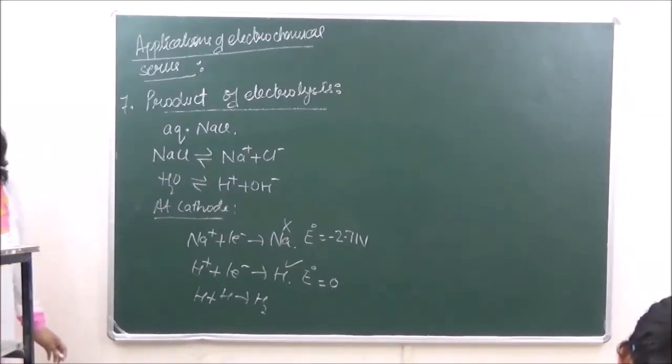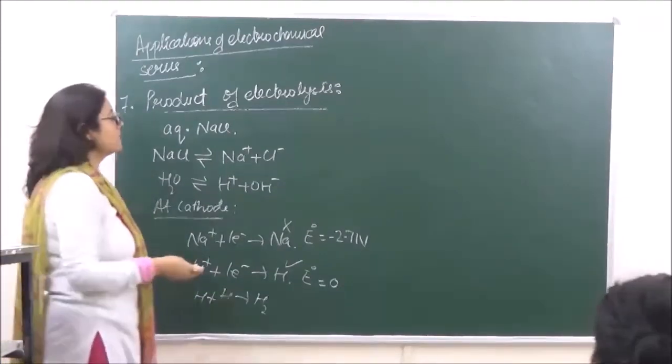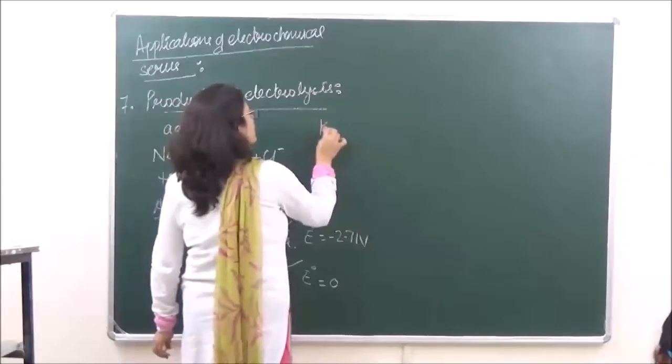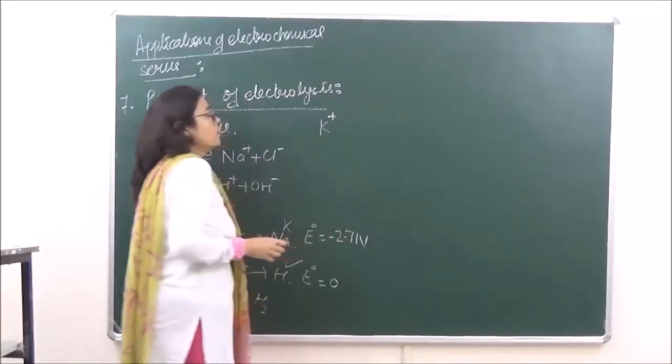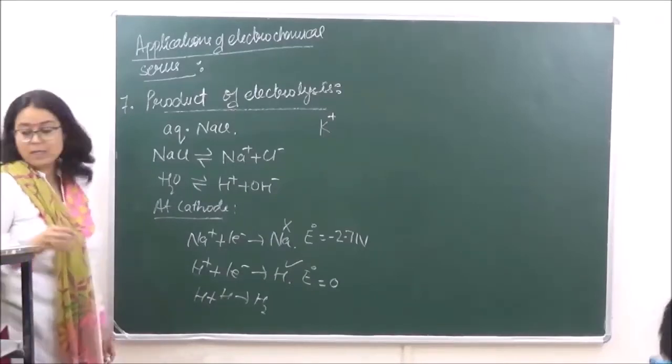Okay, so if we are taking the cations alone, according to the electrochemical series, the increasing order of deposition at the cathode is going to be this.